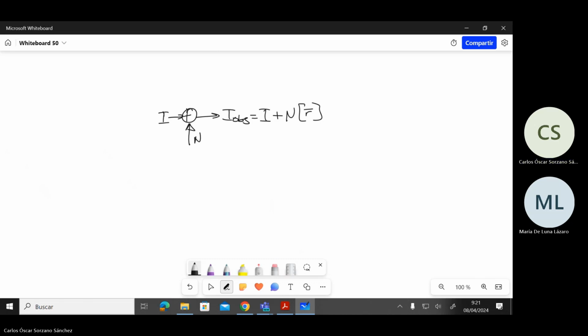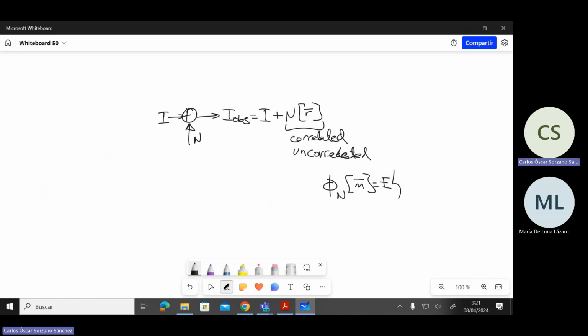This noise can be correlated or uncorrelated. Now, what is the correlation? The mean of the noise, the expected value of the noise, is supposed to be 0.